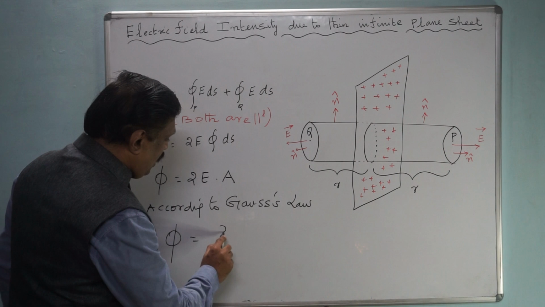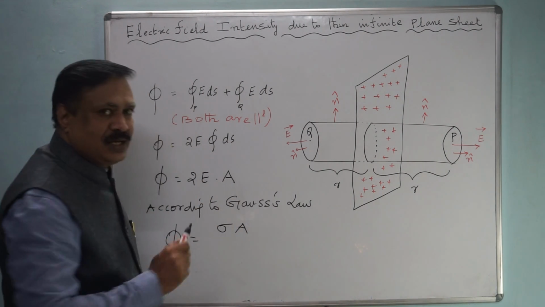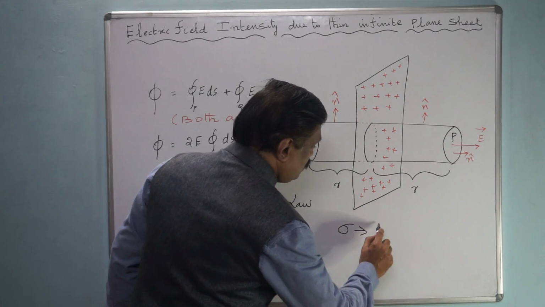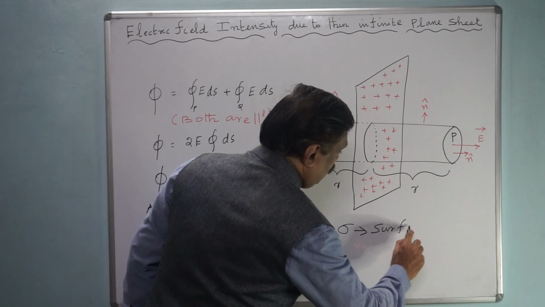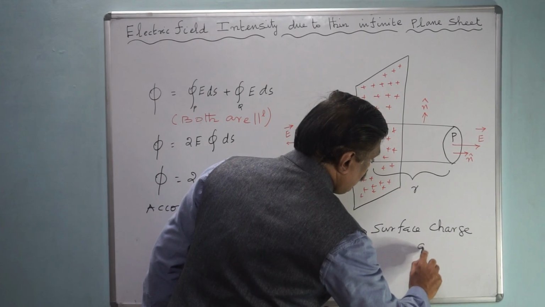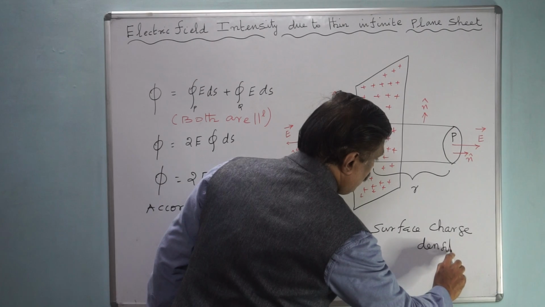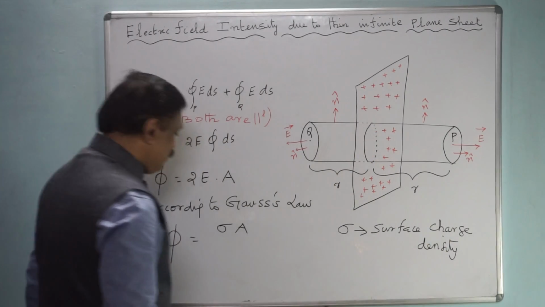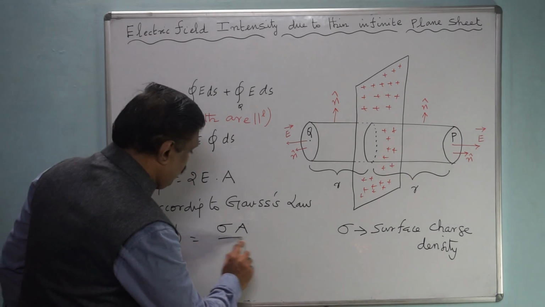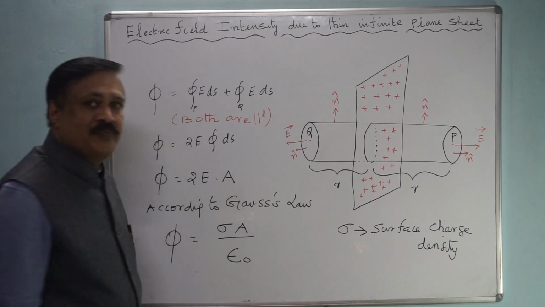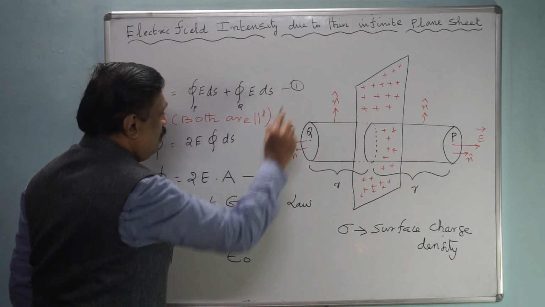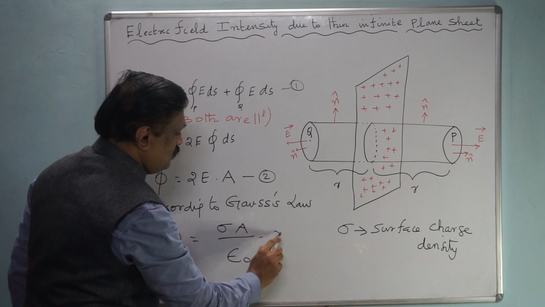Therefore, if you assume sigma as the surface charge density, then sigma into A gives the total charge, divided by epsilon 0. Now you take equation 1, 2 and 3.